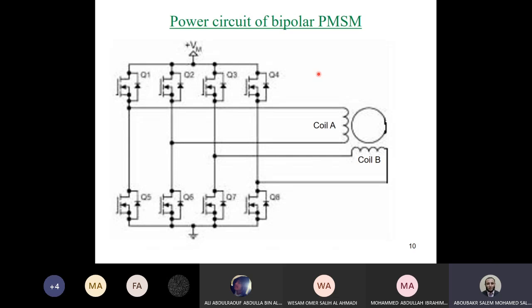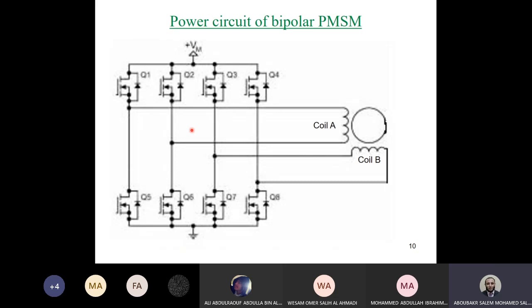Comparing the two circuits together, as we can see, the bipolar has a higher number of switches compared to the unipolar one. This affects the cost, but as we described, the cost has become very cheap now. However, the higher number of switches in the same circuit will increase the losses of the power electronic circuit, which means we'll have lower efficiency for the electrical drive system of the stepper motor.